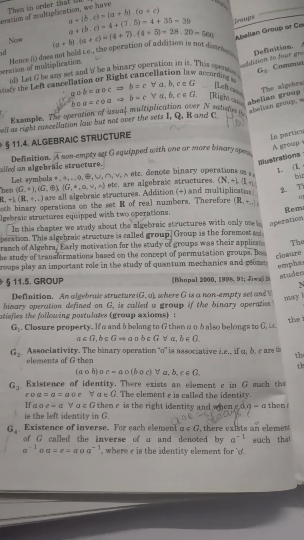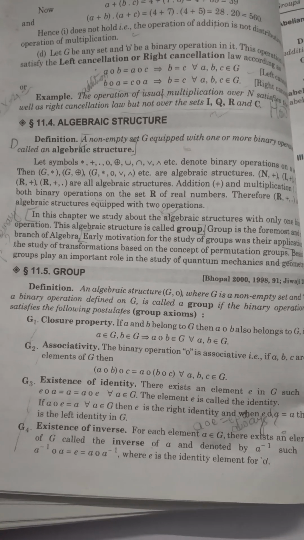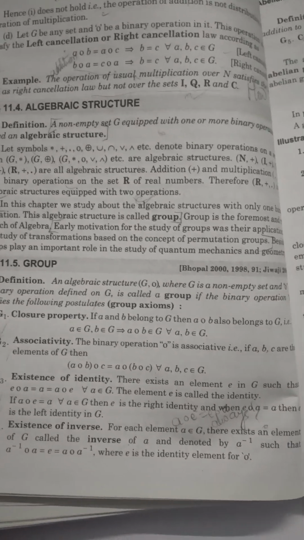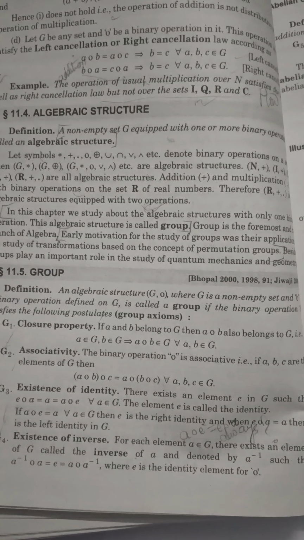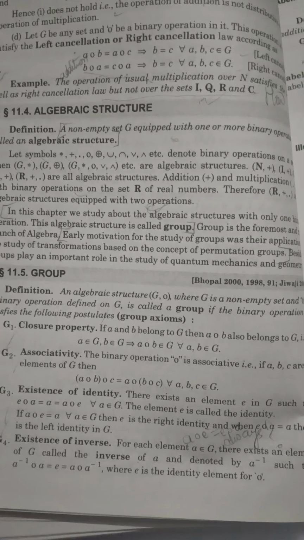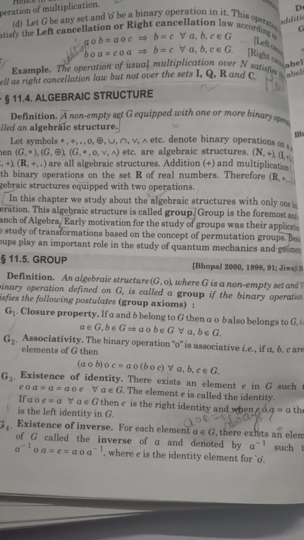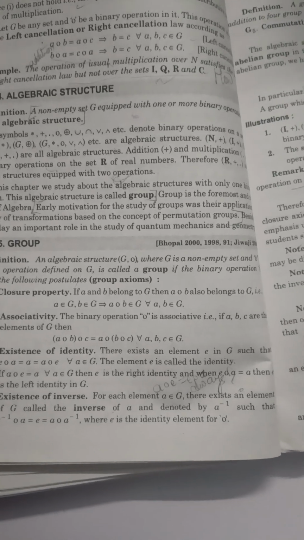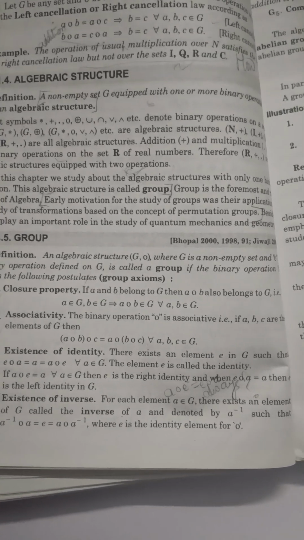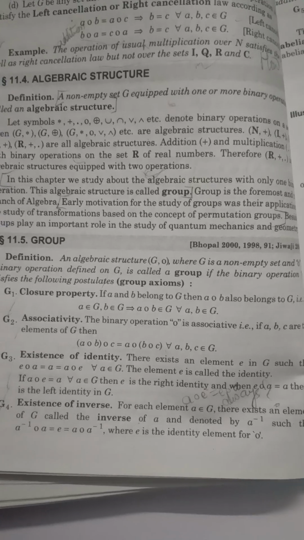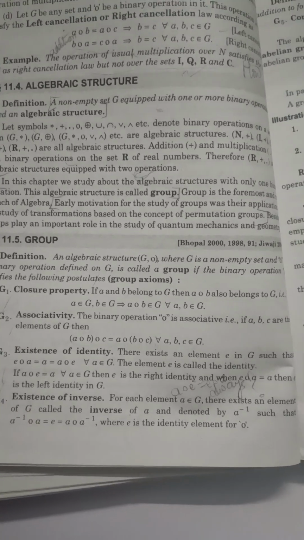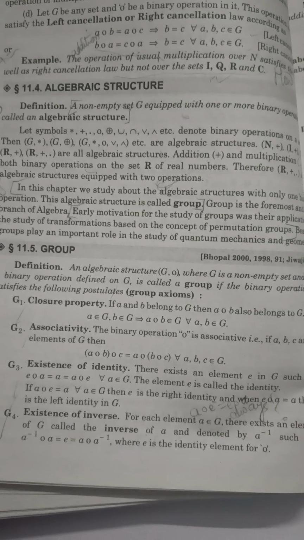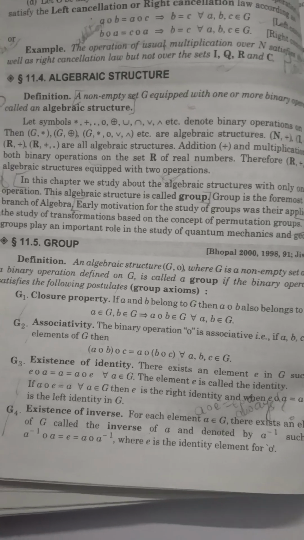Similarly, you take the group (Q*, dot), where dot is the operation of multiplication, and you have to take the set Q of non-zero rational numbers, because for 0 we don't have the inverse element. 1 upon 0 is not defined. So you take the element 2, its multiplicative inverse is 1 by 2. 2 dot 1 by 2 is 1, which is the identity element of multiplication.